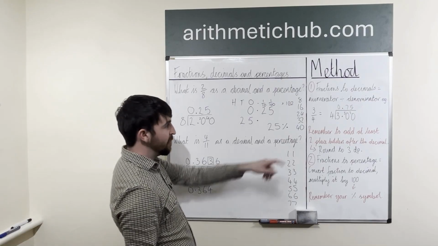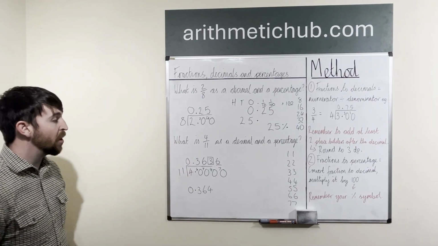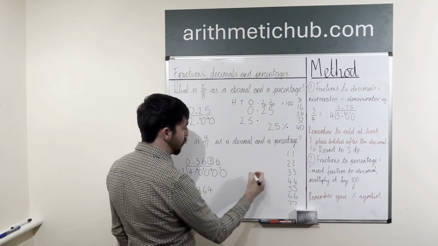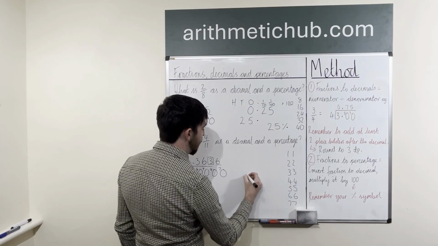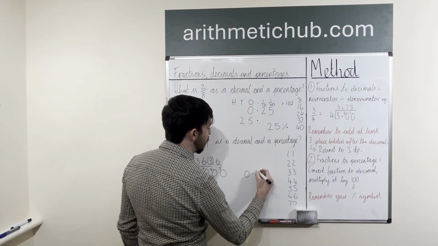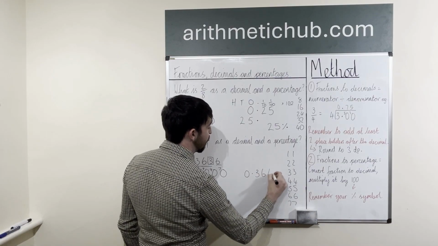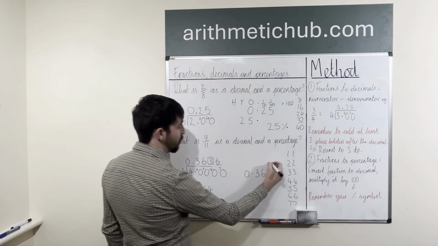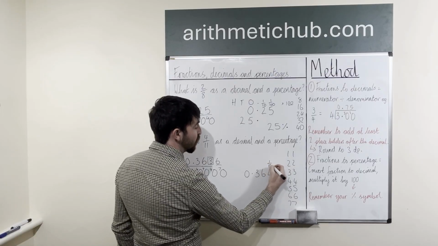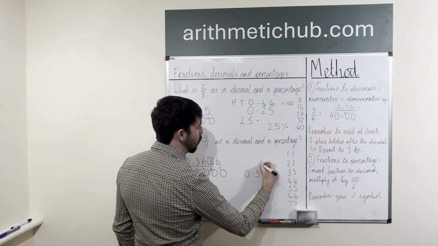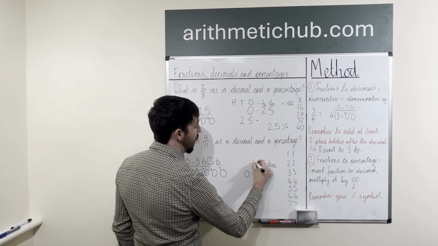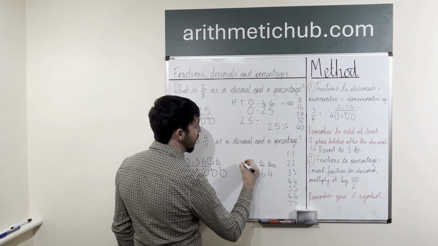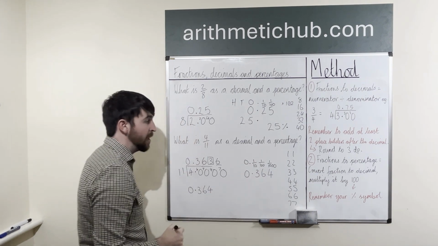Now we need it as a percentage. To find it as a percentage, what we would do is multiply it by 100. So I've got my 0.364. I'm going to be multiplying it by 100. So I've got my thousandths, my hundredths, my tenths, decimal point, and my ones, okay?